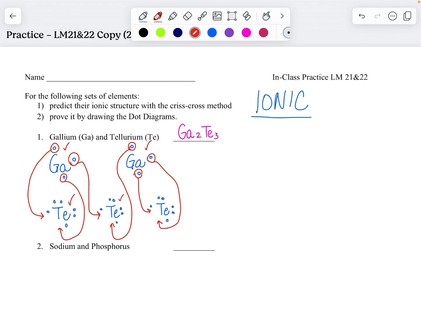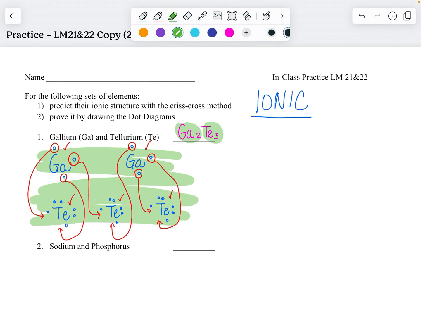It is stable. The tellurium has gained 2, so it is stable. So the beauty here is that we confirmed the ratio that we predicted, which was 2 galliums for every 3 telluriums. Well, that's exactly what happened here. For 2 galliums and 3 telluriums, it's the perfect number of electrons transferred, so everything will be stable.